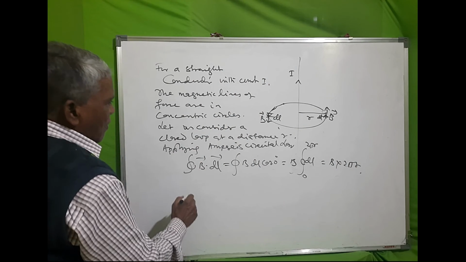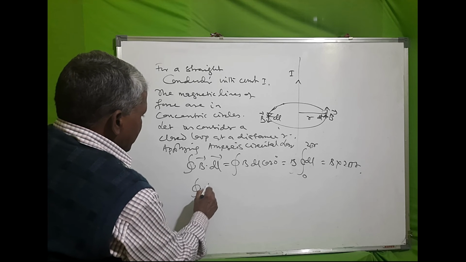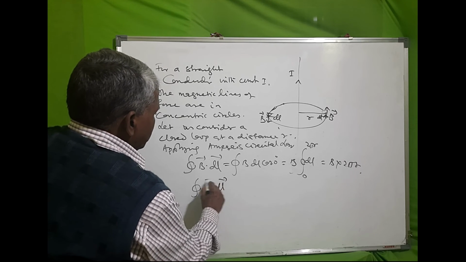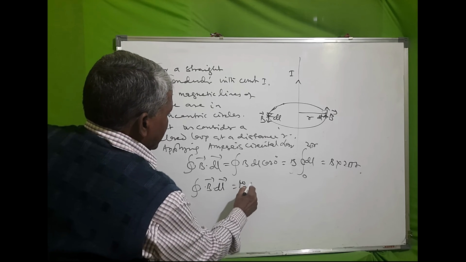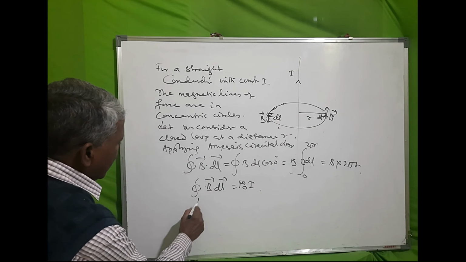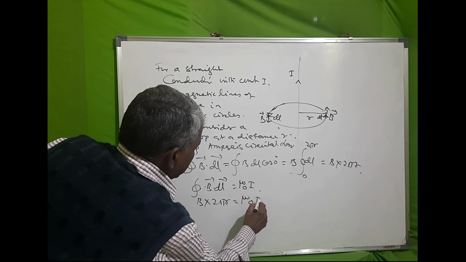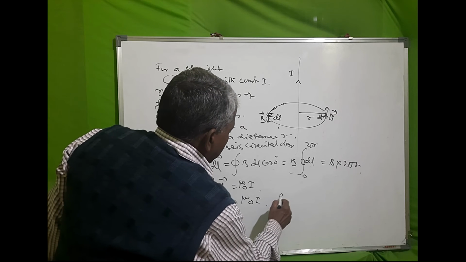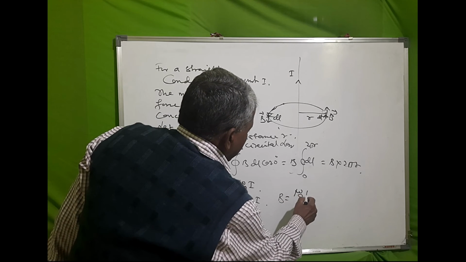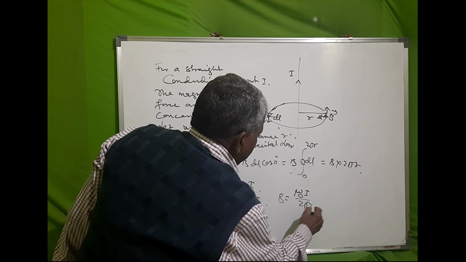But according to the law, the integral of B dot dl is mu 0 into I. Hence, B into 2 pi r is equal to mu 0 I, or B is equal to mu 0 I by 2 pi r.